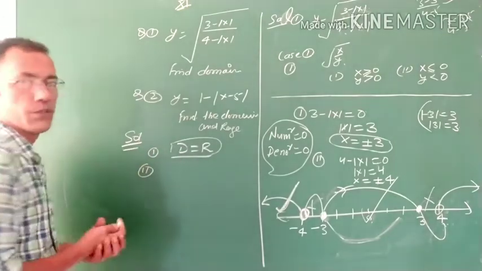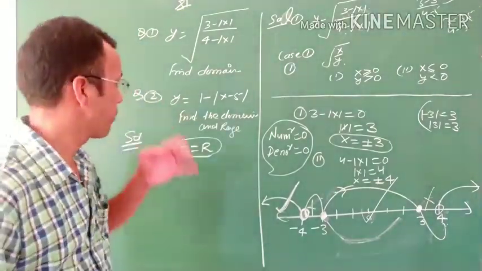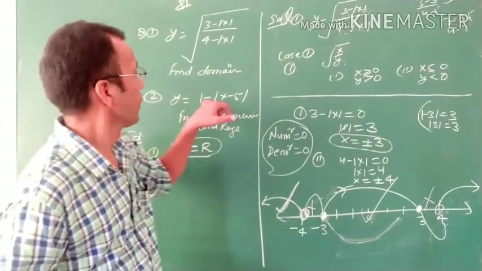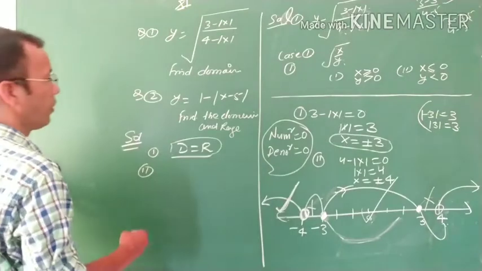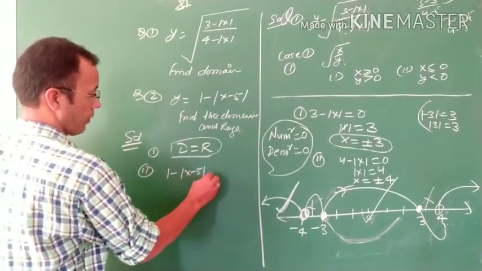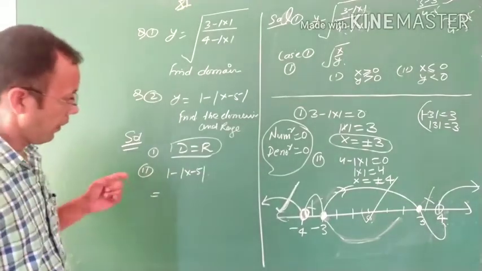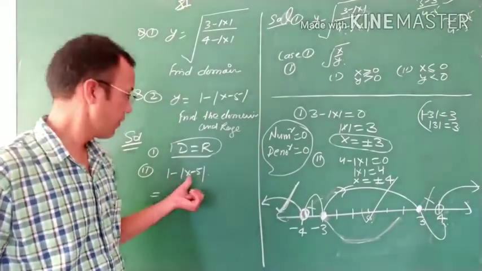Now check the range. Okay, what is the possible range of this one? This is 1 minus mod of x minus 5. If I put x equal to 5, the mod is 0, right?